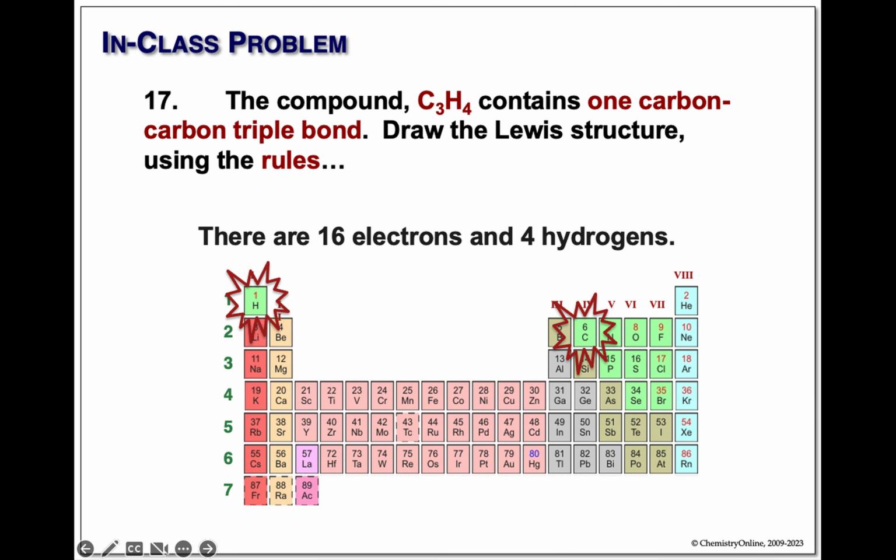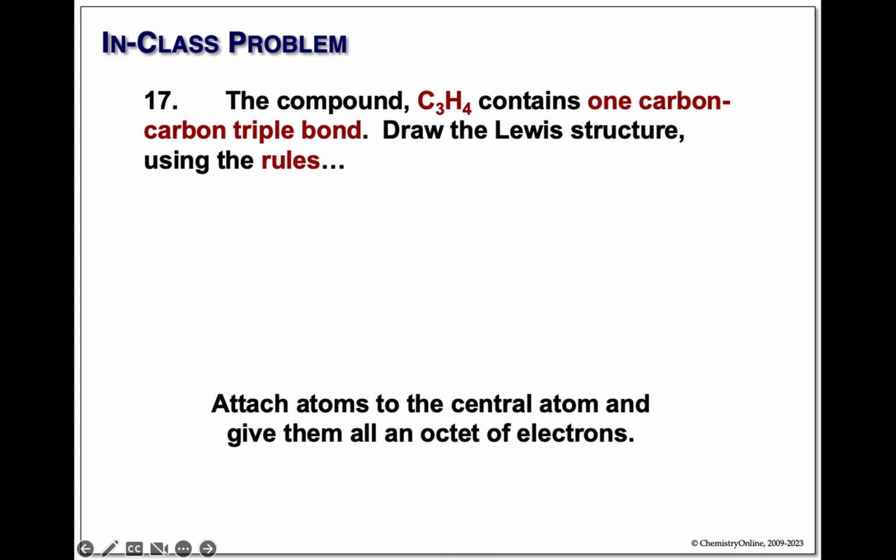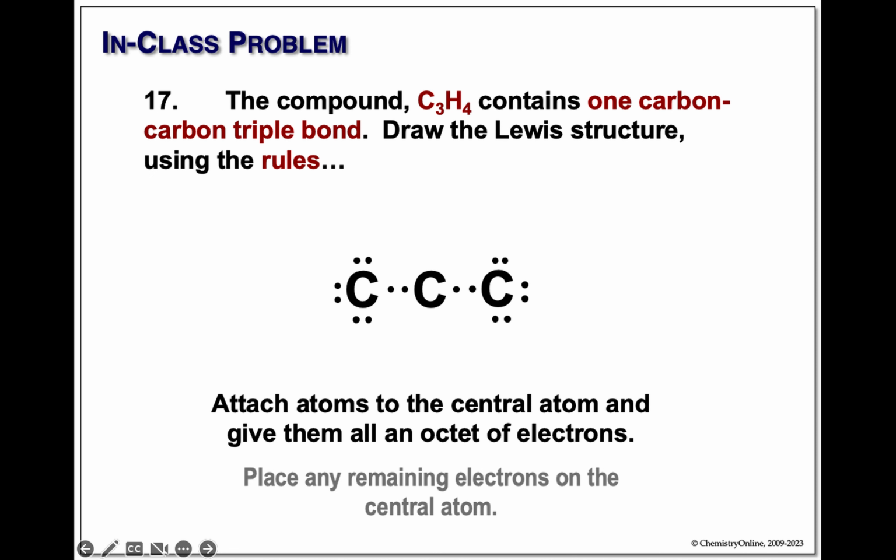Rule number 2, attach atoms to the central atom and give them all an octet. Well, okay, we have 3 carbons, one has to be in the middle, right? And these each have 8 electrons now. Place any remaining electrons? Nope, we're out. You've used all 16.